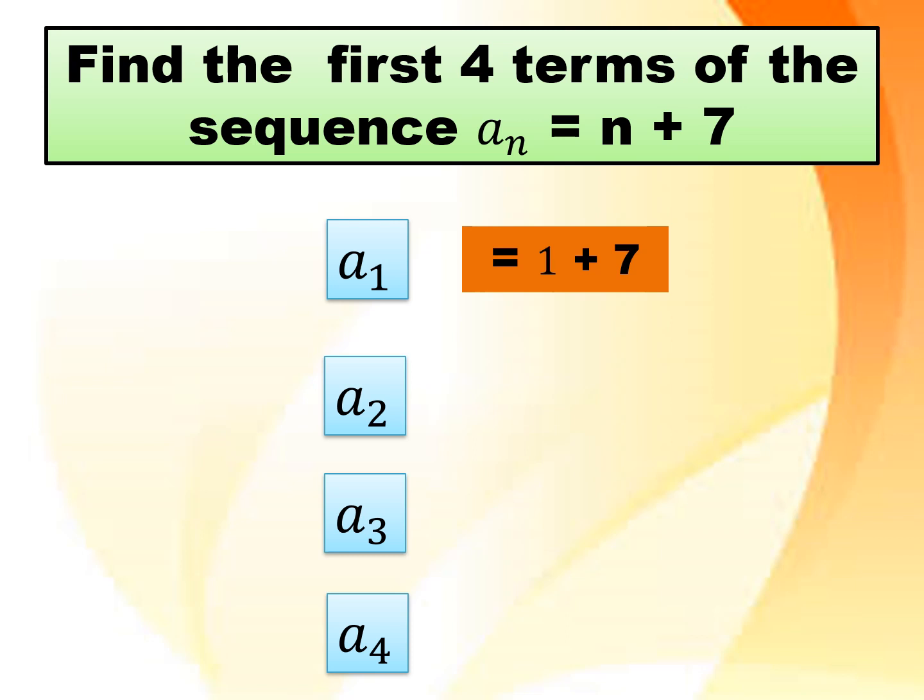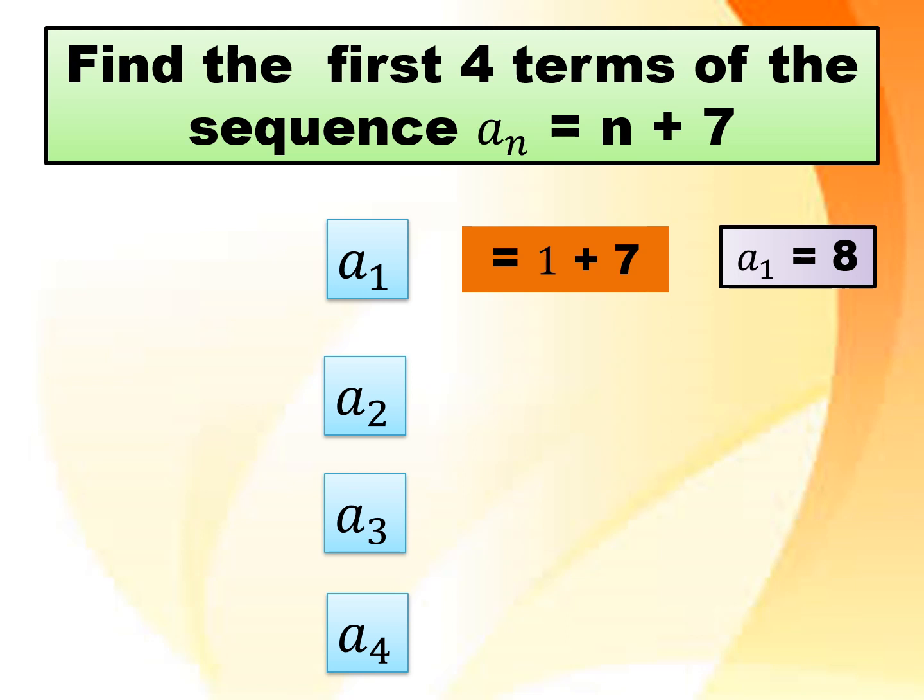By substituting the value of n in the given formula, we will then have 1 plus 7, and that is equal to 8. Therefore, a sub 1 is equal to 8, or the first term in the sequence is equal to 8.